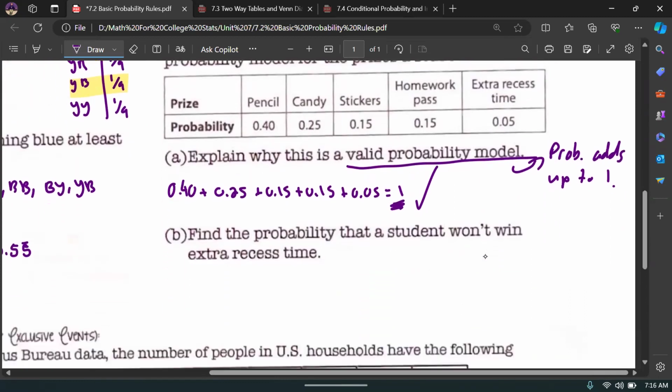All right. Find the probability that a student won't win extra recess time. So the way I would say this is the probability of recess equals 0.05. But the probability of not extra recess is going to be 1 minus the probability of recess.